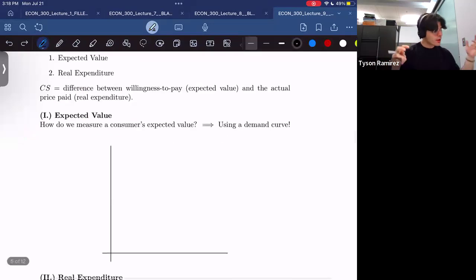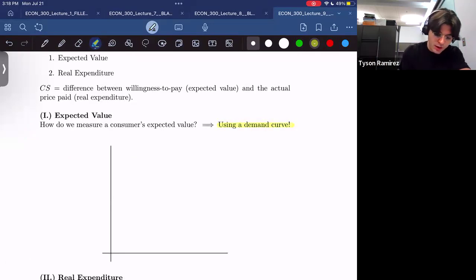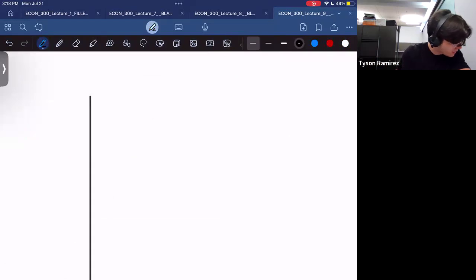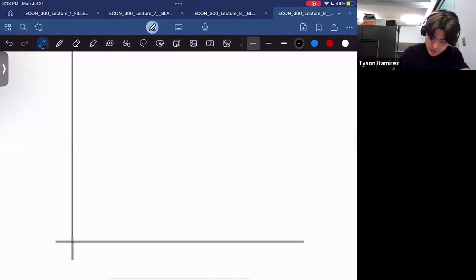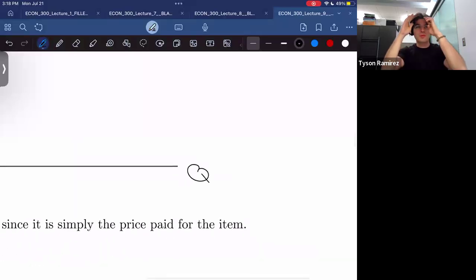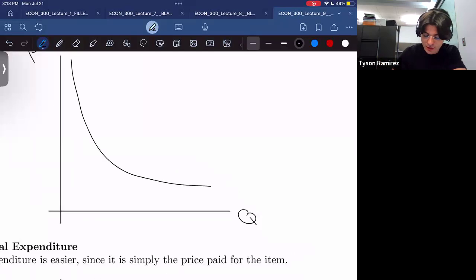So how do we measure expected value? You use a demand curve. And what did we see? This is like maybe a certain challenge problem that we might have just finished up. You would see something like this.